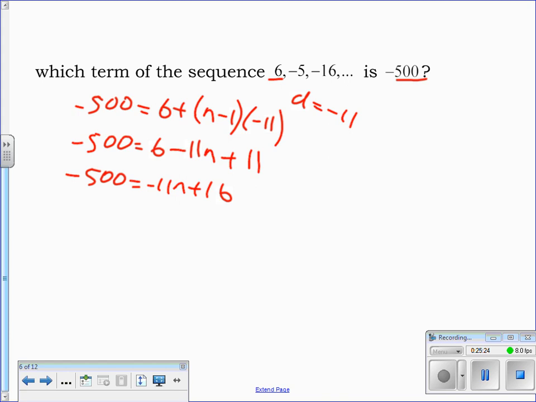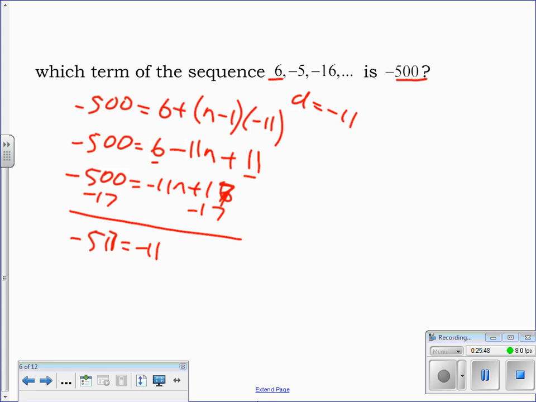Subtract 17 from both sides. Negative 517 equals negative 11n. Divide by negative 11, and you get n equals 517 divided by 11, 47.